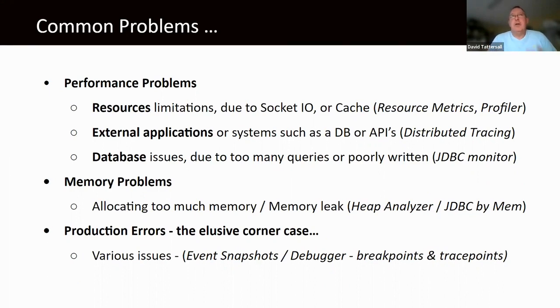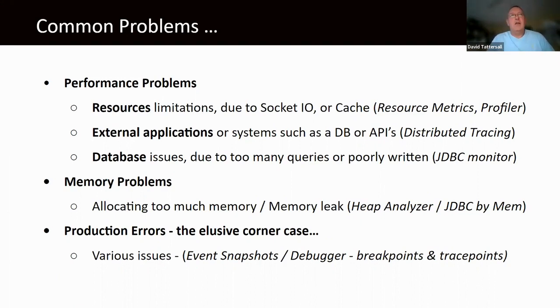That could all come up, but FusionReactor should highlight that for you. Then you've got memory problems, so potentially you are allocating too much memory on a transaction. Even if the transaction runs quickly, allocating a ton of memory can be a problem. And then you may also have a memory leak, and I can show you some of the tools that will help you analyze that.